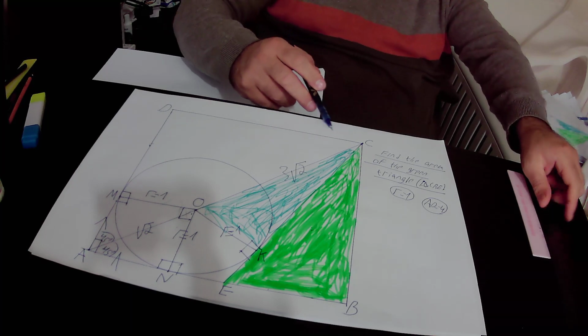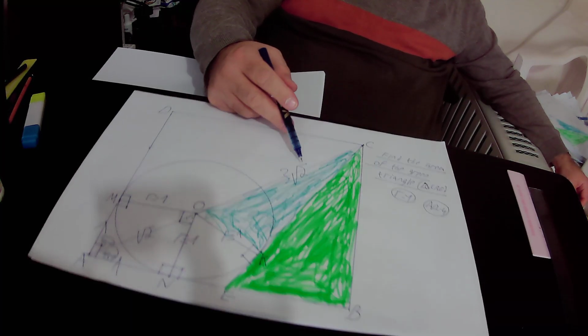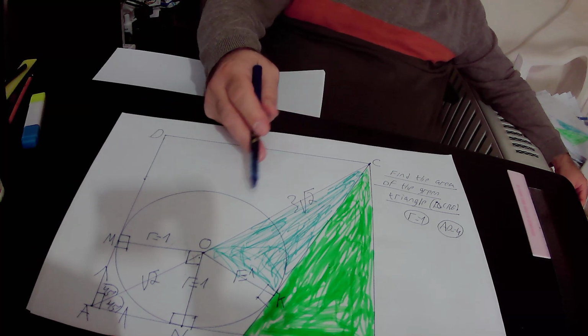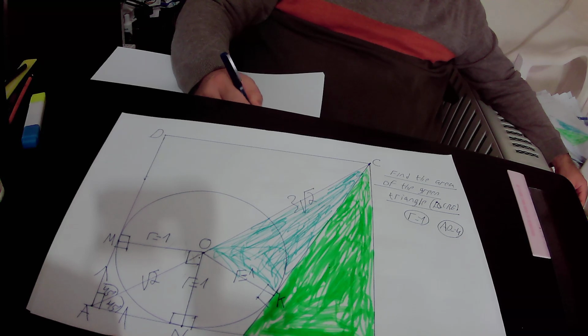The hypotenuse in the green and the blue right triangle is CO. So the square of the hypotenuse is CO squared.